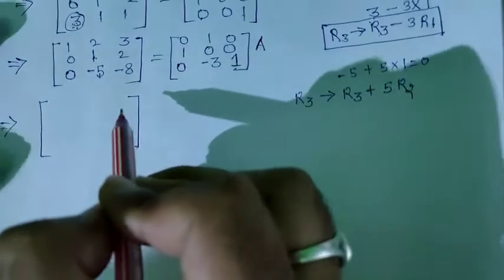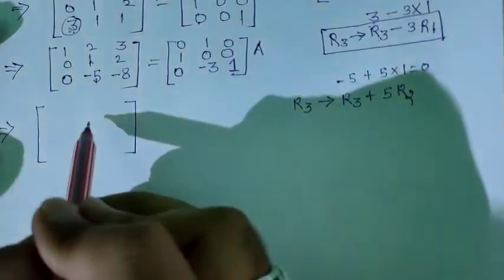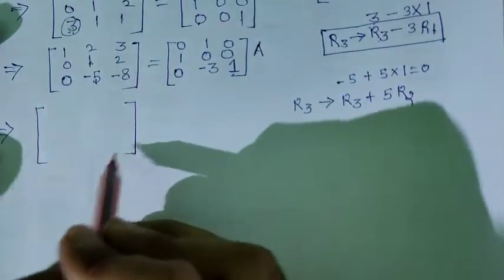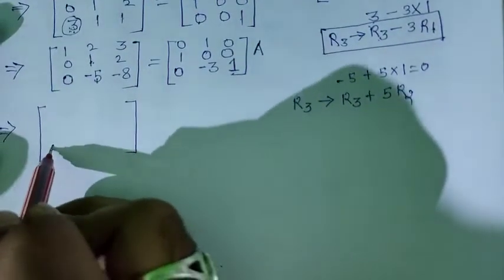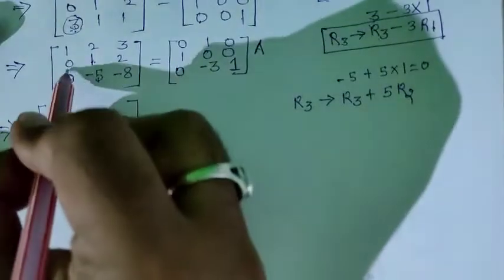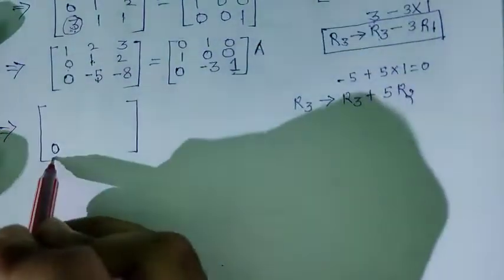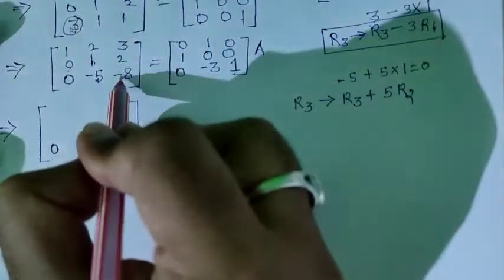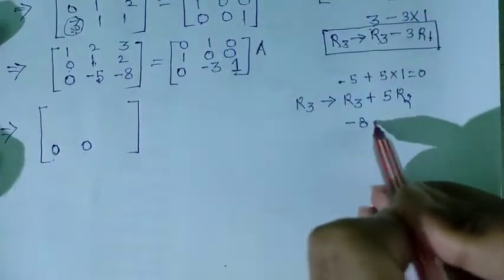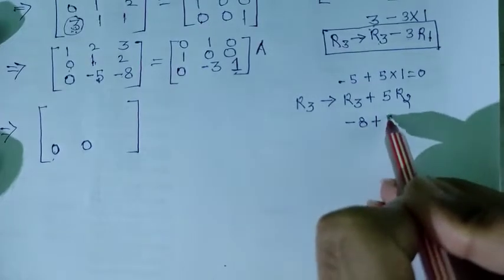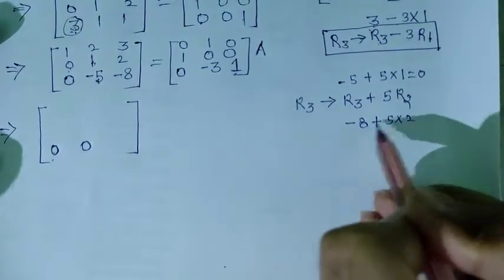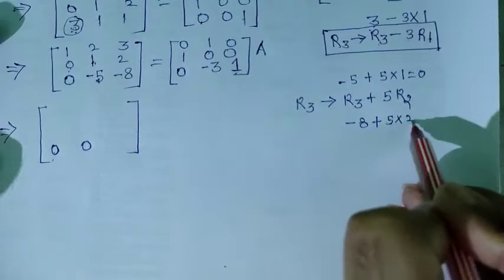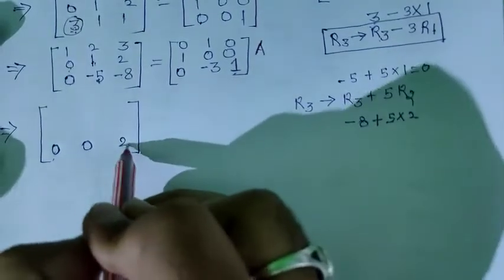Now we will apply this rule here. It will be 1. Now in R3 we have to do the changes only. This is 0 already. 0 plus 5 into 0 will again give you 0. Minus 5 plus 5 into 1 will give you 0. Minus 8 plus 5 into 2 will give you 2.